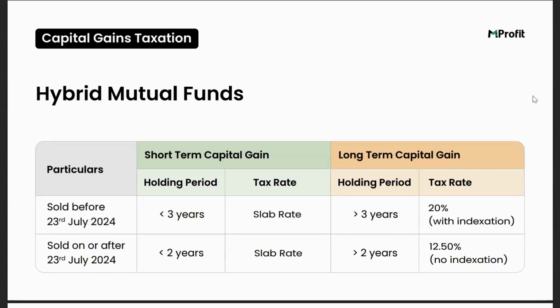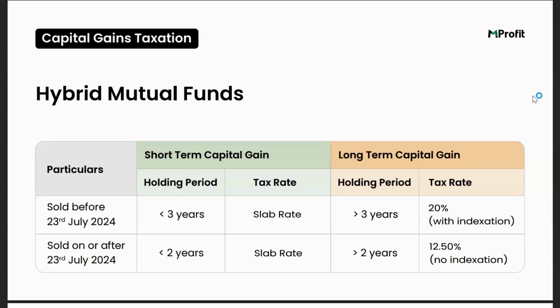If the fund is sold before 23rd of July after completion of 3 years, then it will be classified as a long-term capital gain and the tax rate will be 20% with the indexation benefit provided to you. Next, this is scenario 1.